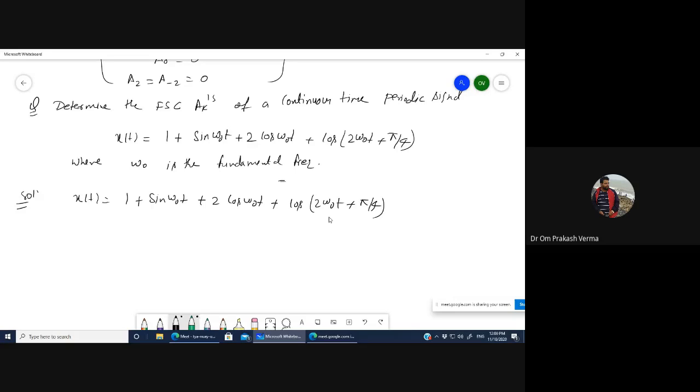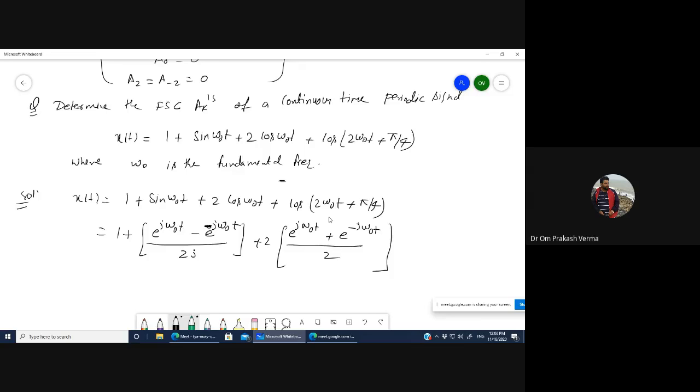When you solve this, sine omega naught t is nothing but e to the power j omega naught t minus e to the power minus j omega naught t divided by 2j, plus 2 times cos omega naught t, which is e to the power j omega naught t plus e to the power minus j omega naught t divided by 2.